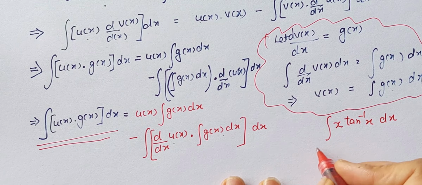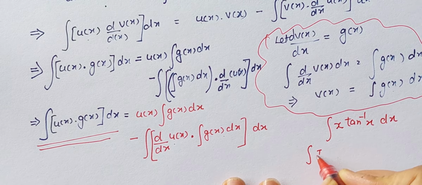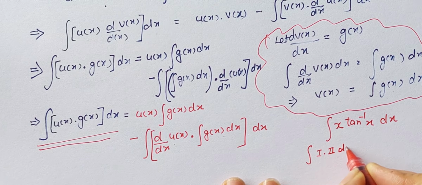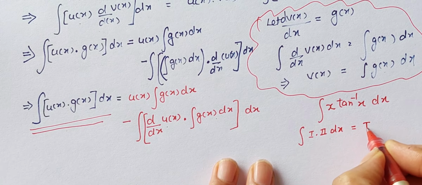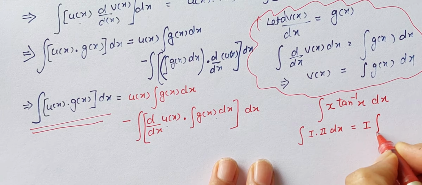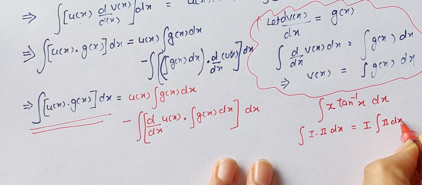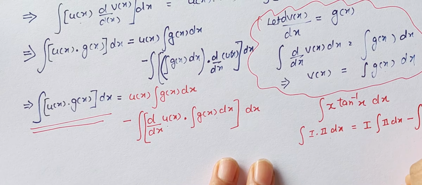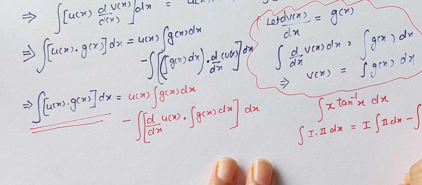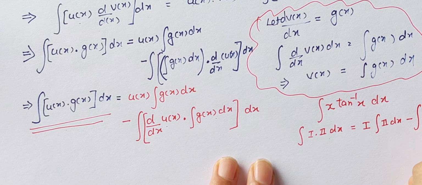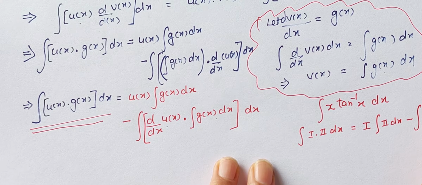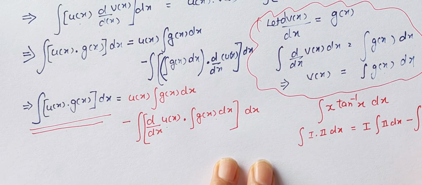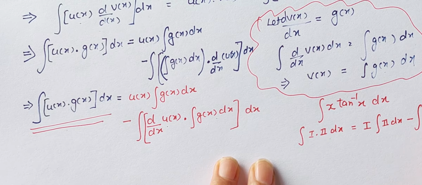Basically, as per our formula, if we have two functions and we have to find their integral, the formula is we have to write down the first function as it is, then the integral of the second function, and then the integral of two functions where the first is the derivative of this into the integral of this, and then their product's integration.